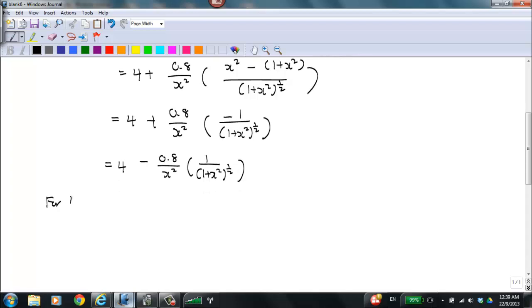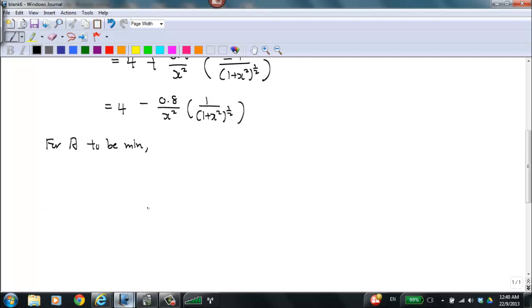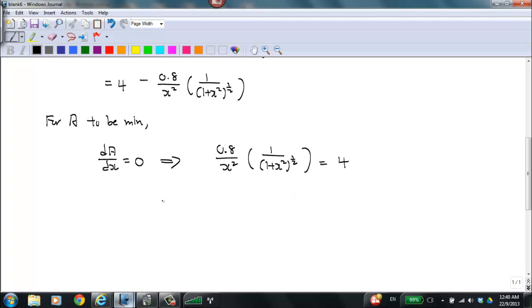So for A to be minimum, I will actually have to make dA/dx equal to 0. This will imply that the expression equals 4.